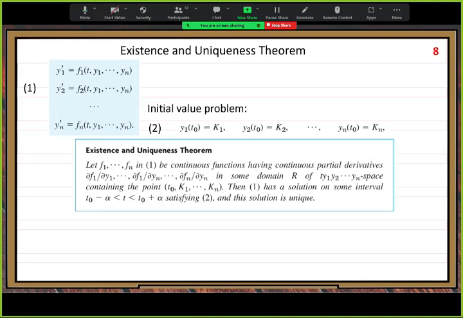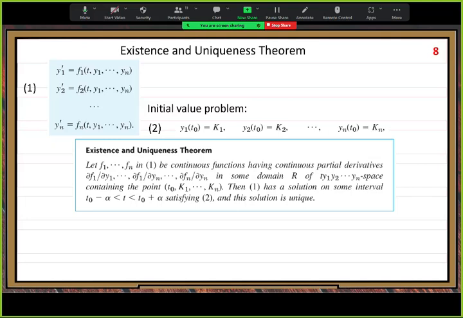But for simplicity, we only consider continuous functions having continuous partial derivatives, continuous in some domain R of the t, y1 space containing the point T0. So around T0, there is a small open interval covering T0, around K1 a small open interval covering K1, and so on.